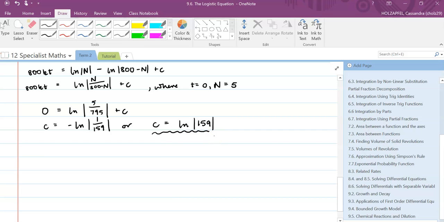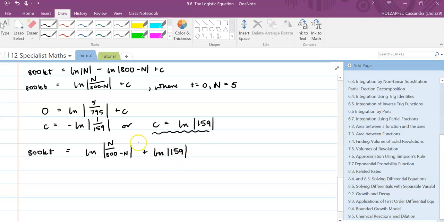Now you can substitute the decimal in here, but since I'm working in logs in my formula, I think it's a little bit easier to work in logs for my value for c as well. And then I can simplify this, because when I pop this in my equation, 800kt is going to be equal to ln(N/(800 - N)) plus ln(159).